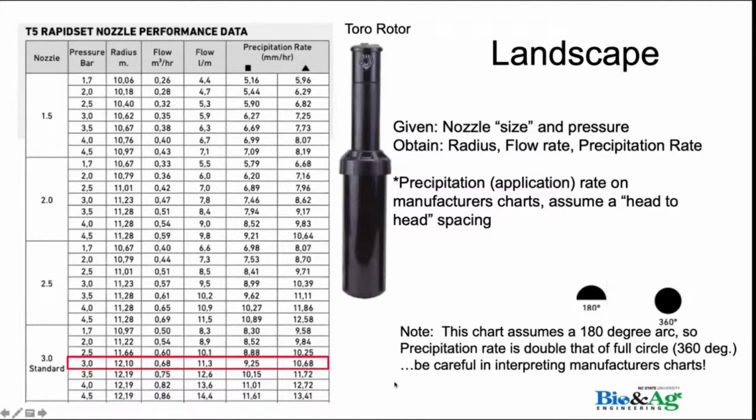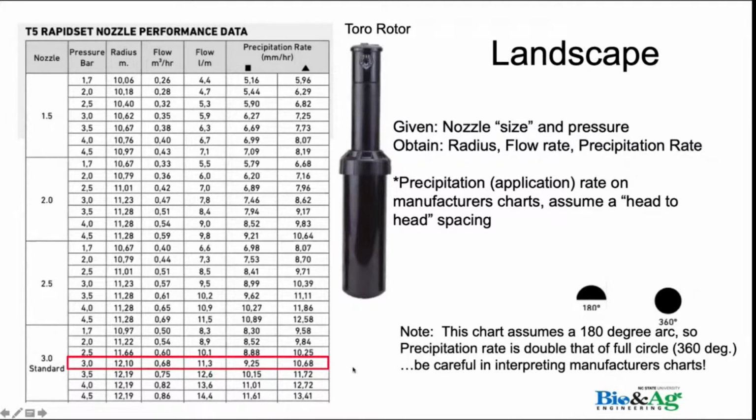Note this chart also assumes a 180-degree arc. For these rotors that you can set for different arcs in the horizontal, that's the assumption in this table, that when it goes back and forth, it's at 180 degrees and not 360.